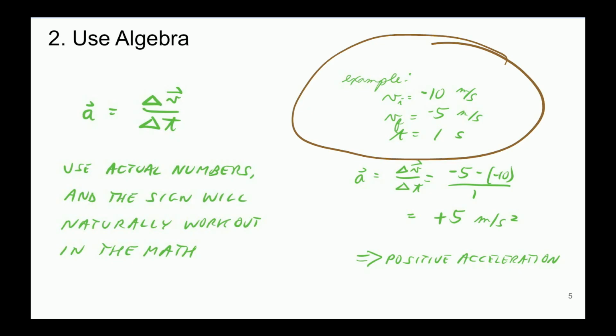And when I did all the math, I found out I had positive acceleration. And this is something that was slowing down. I can see the magnitude of my velocity was reduced. Try a few different ones of those and convince yourself that the algebra requires the acceleration rules to be what they are, plus and minus.